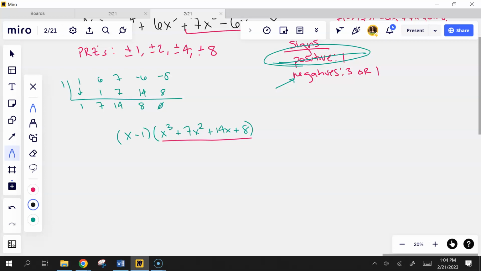So let me try negative 1 on this one instead. You see what I'm saying? You got a new polynomial here that you're trying to factor.